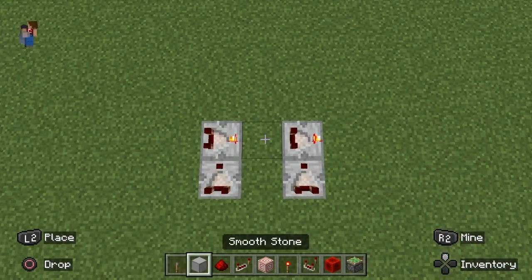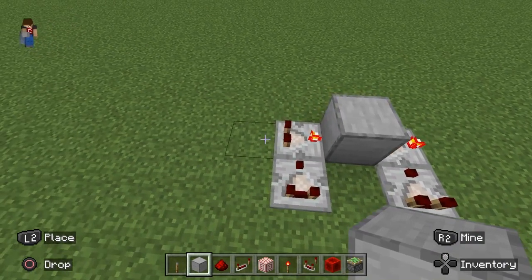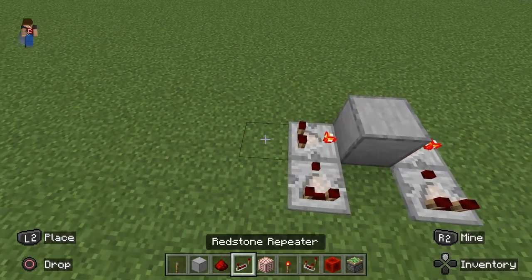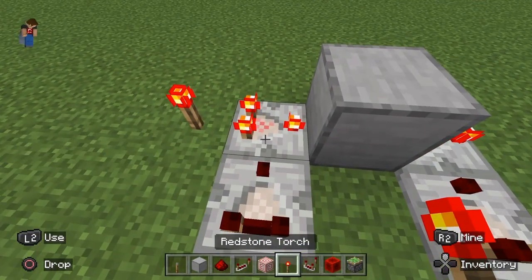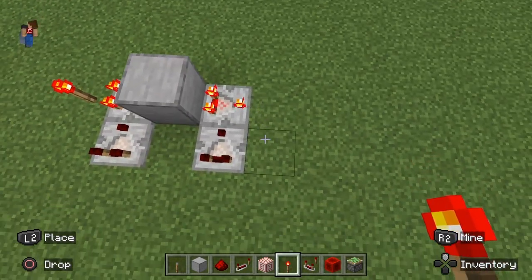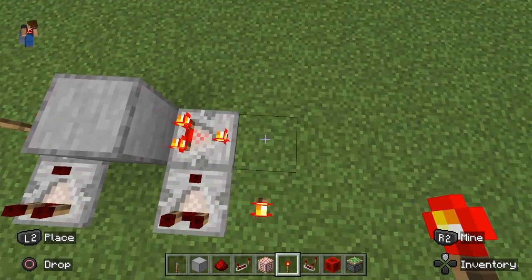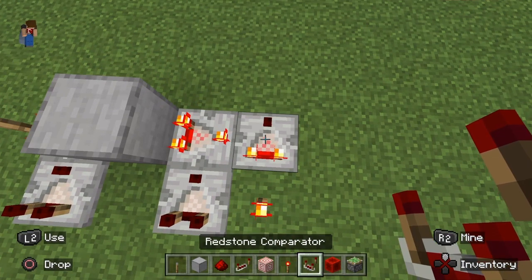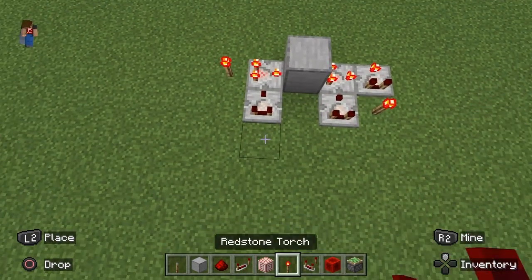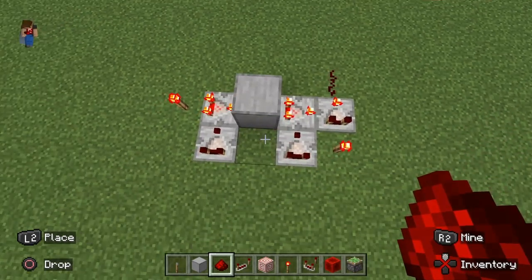Then add a normal block, like smooth stone, for example, or wool, and then plug a torch into the backside of the first comparator on subtract mode. Then put a redstone torch right here next to this one. Then put a comparator on subtract mode right here in front of the torch. And then these are your two inputs you want to add, and this is the output right here.